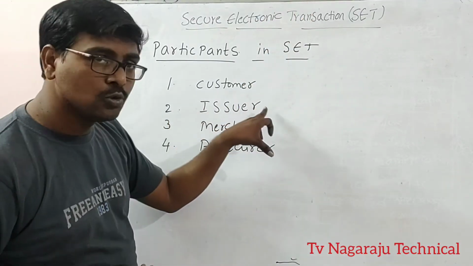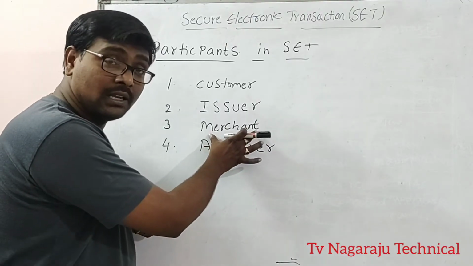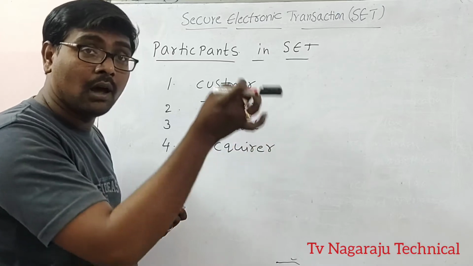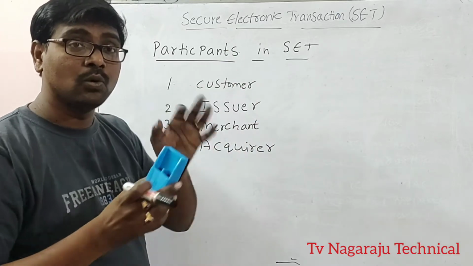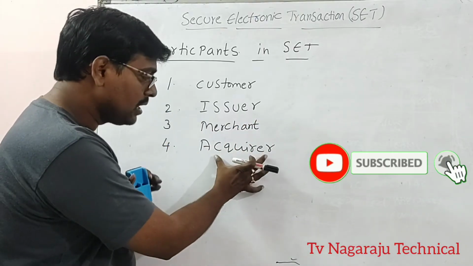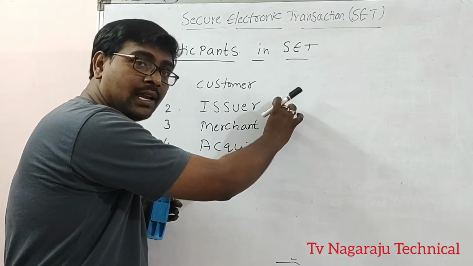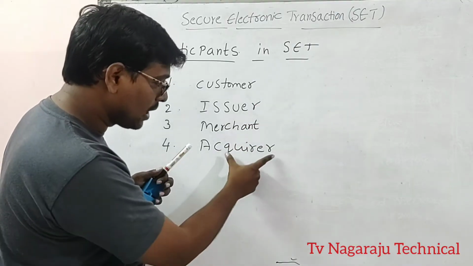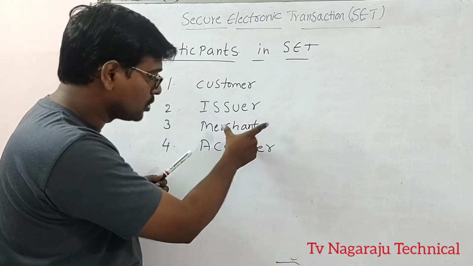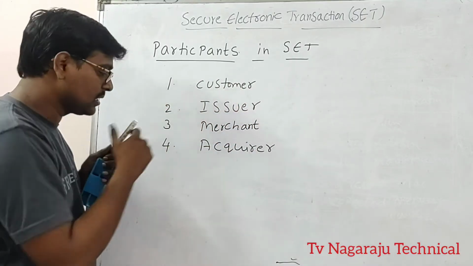Different users use different credit cards, but the merchant is not required to handle all the credit cards. There is no need to open an account in all the banks. So one financial institution is there, and this will handle any type of credit card. Acquirer is the financial institution of the merchant, and issuer is the financial institution of the customer.